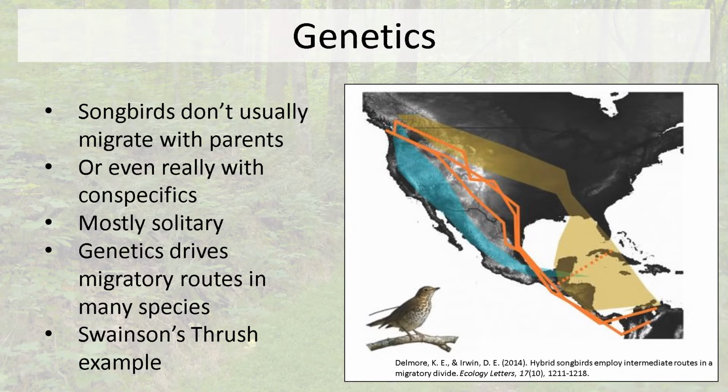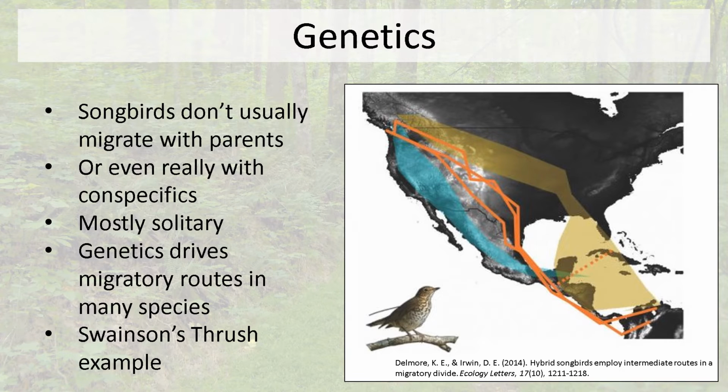And a recent couple of studies have looked at this with Swainson's thrush, for example, which we'll talk about several times today. What they did is they looked at the genetics of migration. They found that some birds had a genetic predisposition to migrate through the interior of the United States and potentially across the Gulf of Mexico. Other birds tended to stay to the west coast and migrate south that way. So that's all well and good, and they found that that was genetically determined.